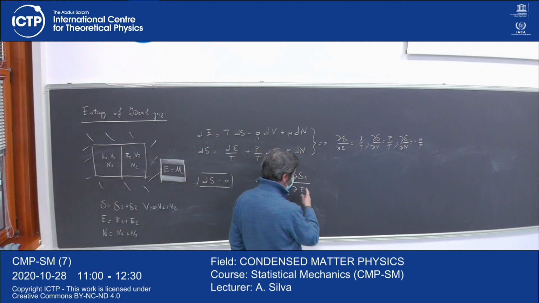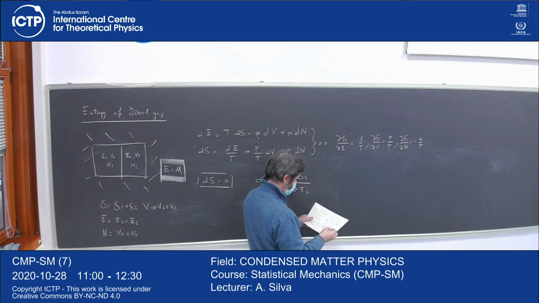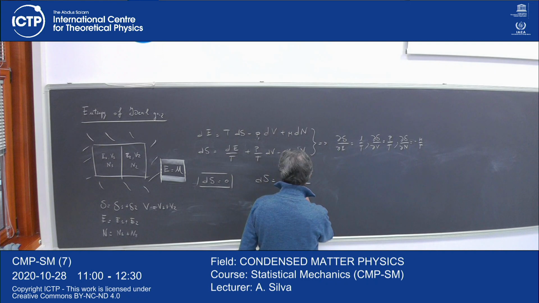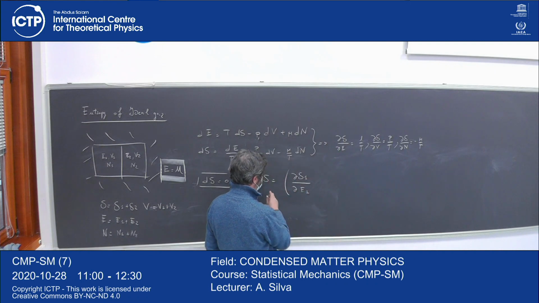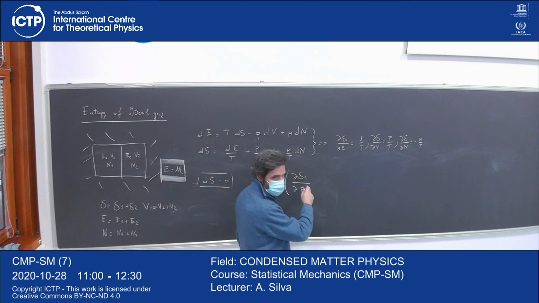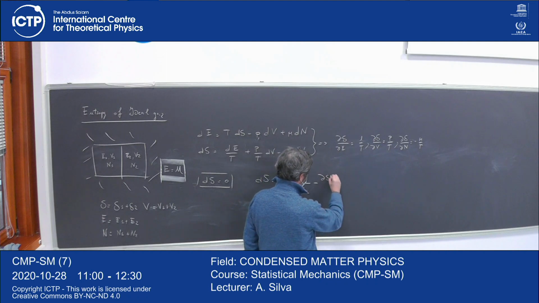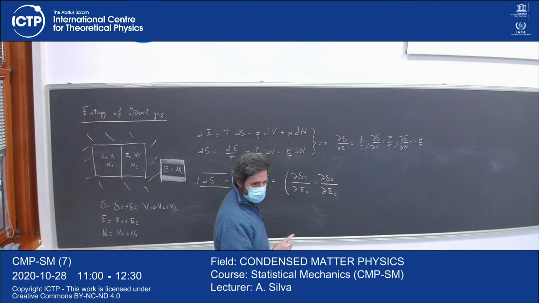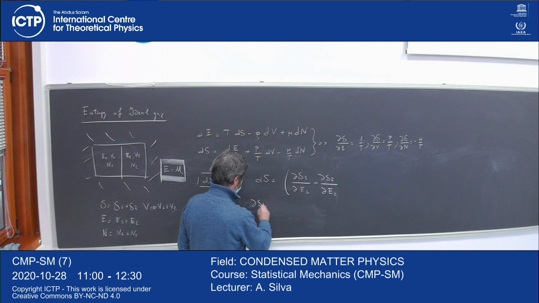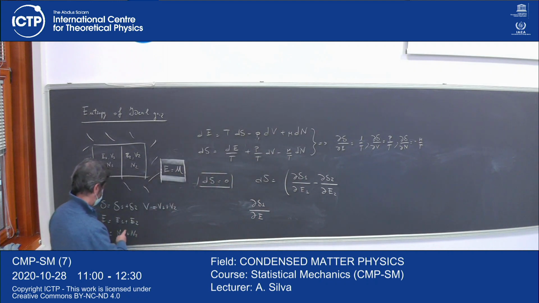Therefore, here in principle, dS is the derivative of S1 with respect to the energy minus the derivative of S2 with respect to E2, right? Why? Because this is dS1/dE, but E is E1, sorry.